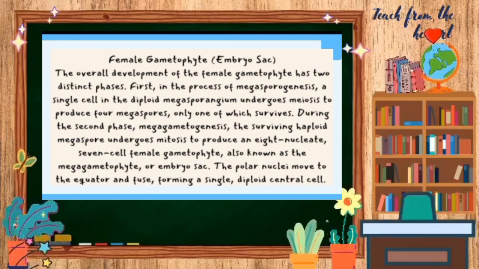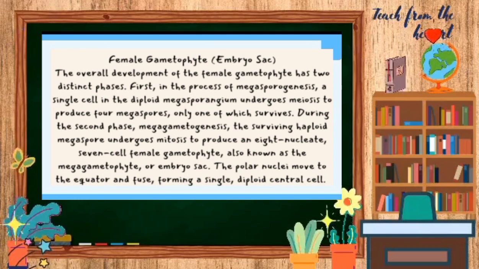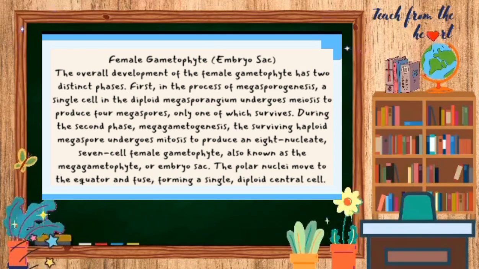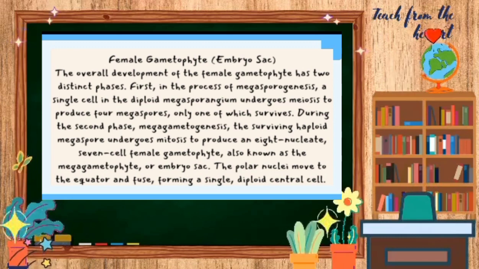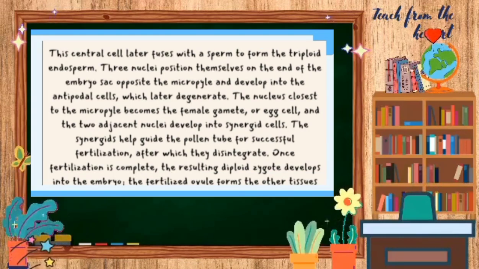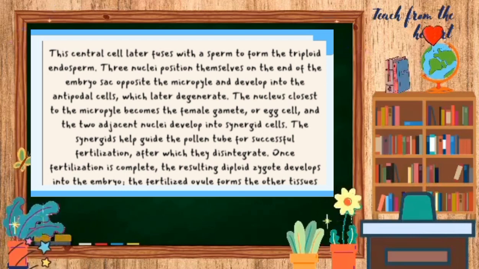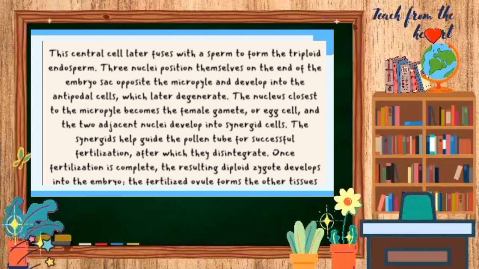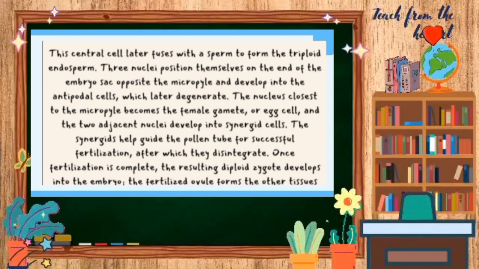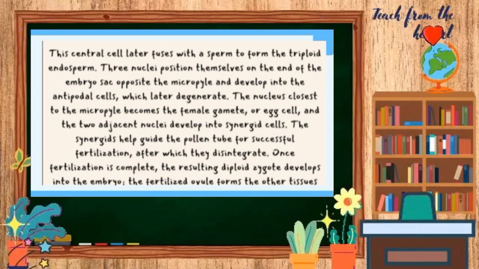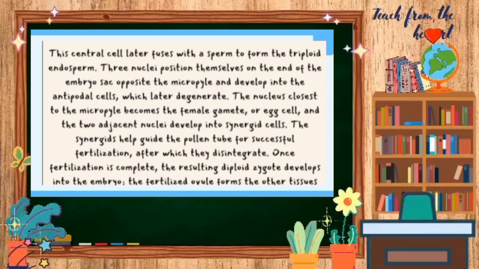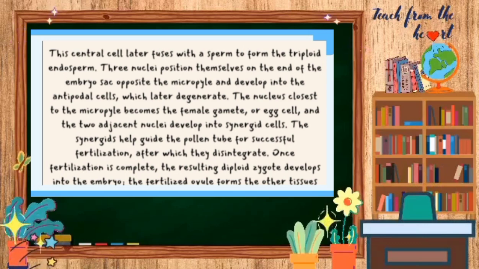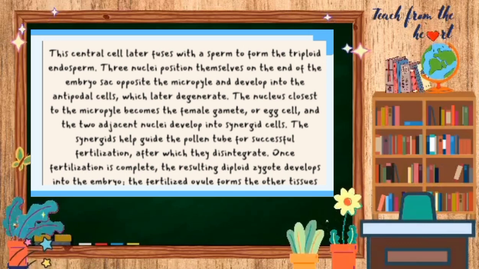The polar nuclei move to the equator and fuse, forming a single diploid central cell. This central cell later fuses with a sperm to form the triploid endosperm. Three nuclei position themselves on the end of the embryo sac, opposite the micropyle, and develop into the antipodal cells, which later degenerate.